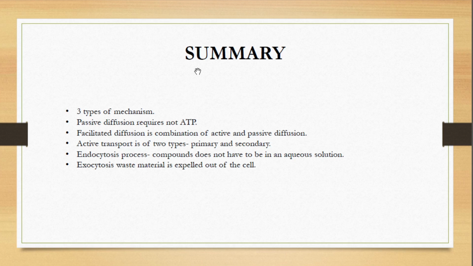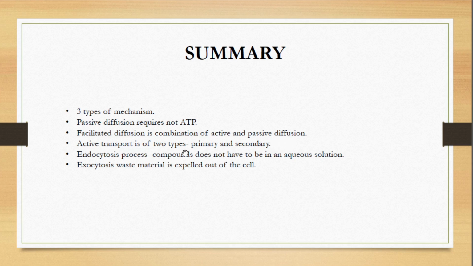The transcellular is divided into three types, that is passive, facilitated and active transporters, in which passive diffusion and facilitated diffusion do not require ATPs, and facilitated diffusion is known as a combination of active and passive diffusion.